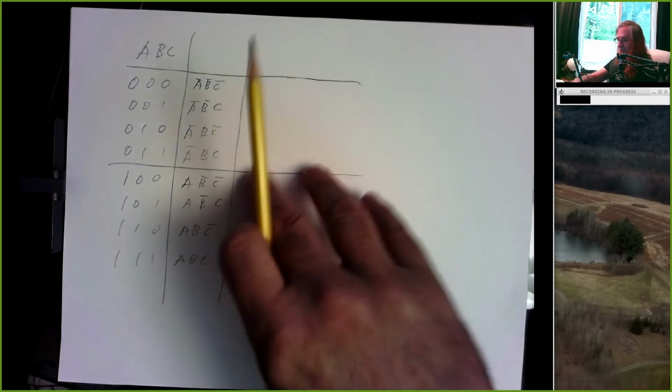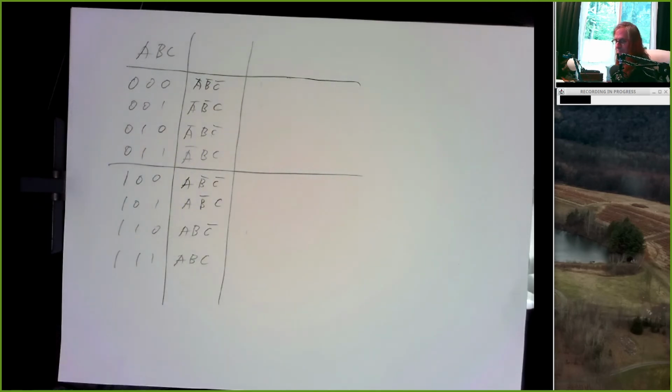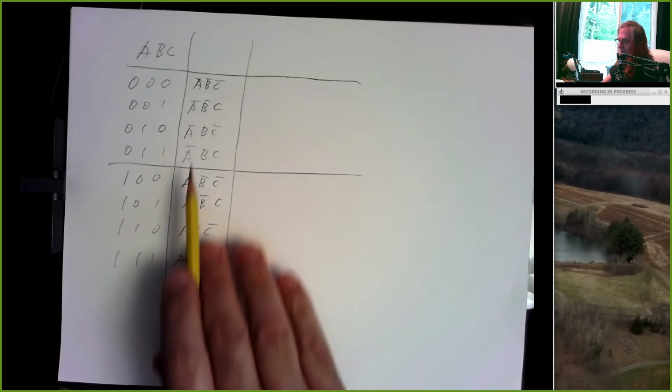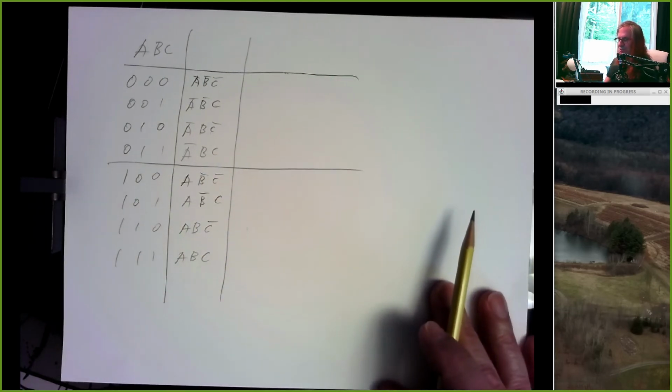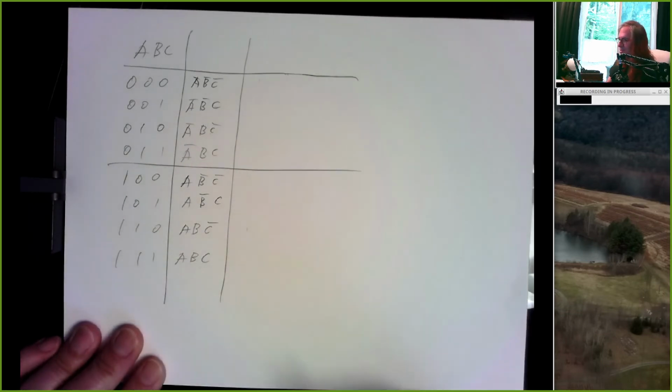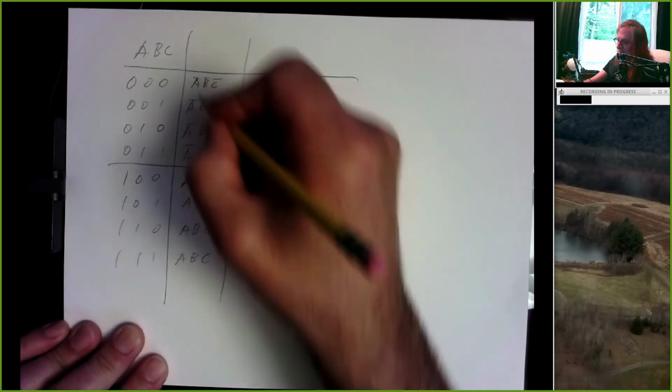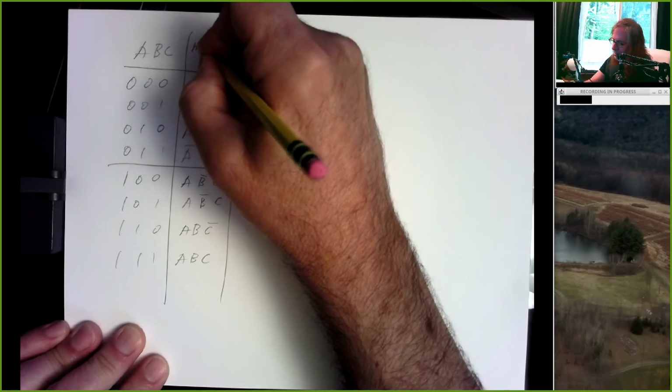So this is a pretty useful little cheat sheet. And this column of product terms is particularly useful. So we give names to things that are useful. These things have names. These are called minterms.